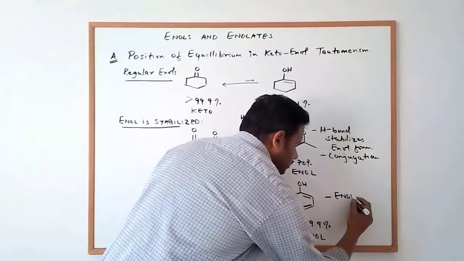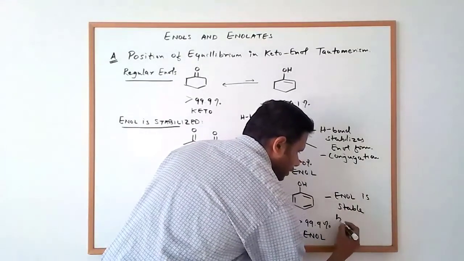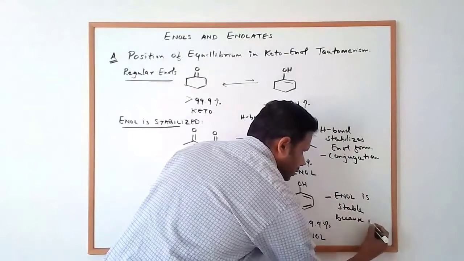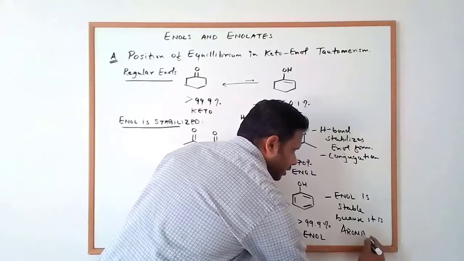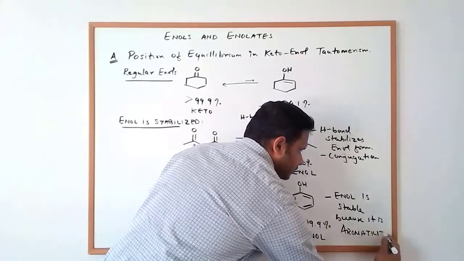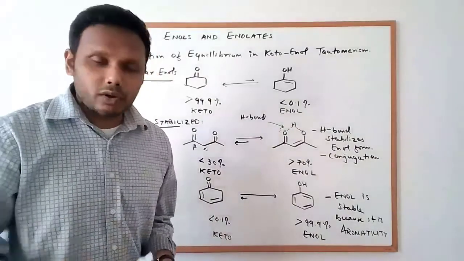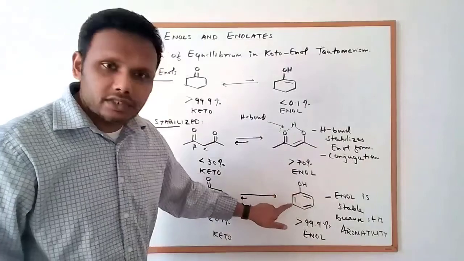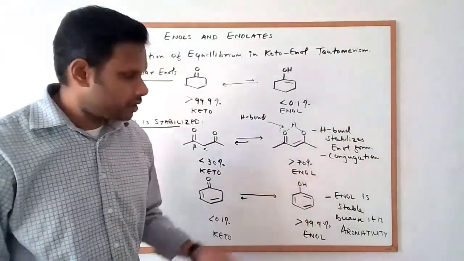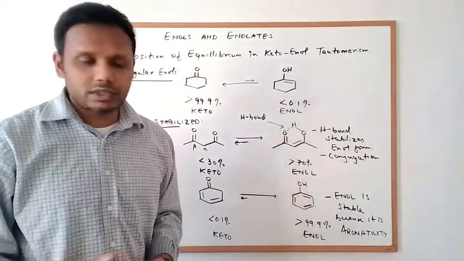The enol is stable because it is aromatic. So aromaticity is a big deal here. That brings in a lot of stabilization, and that has to do with the conjugated nature of these three double bonds, the planar structure, and all of those things that make a compound aromatic more stable.